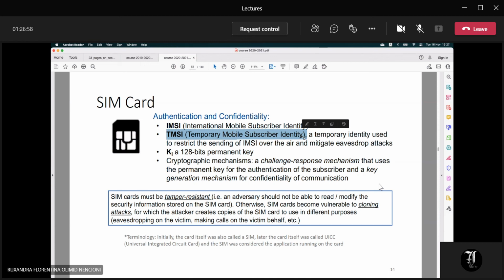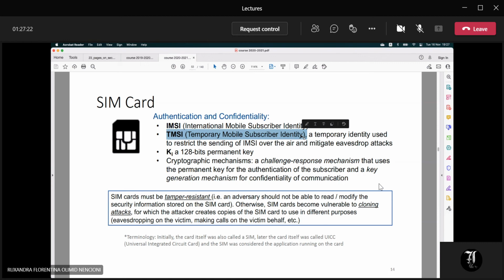What do you think is the role of a temporary identity? If we think about what we were talking about, anonymity and how this ID can impact my privacy or my anonymity by knowing who I am. What is the SIM? Yes, please.